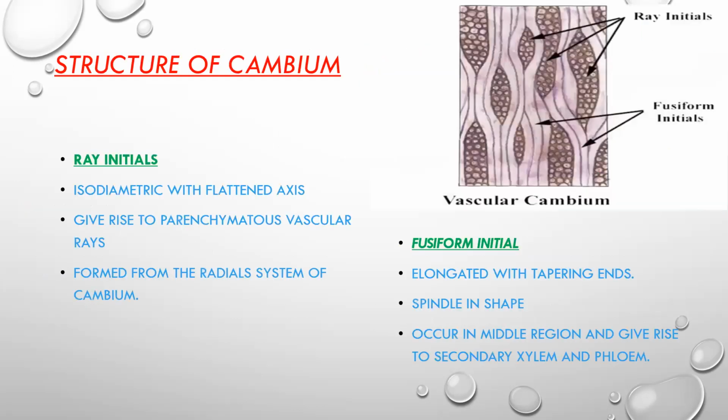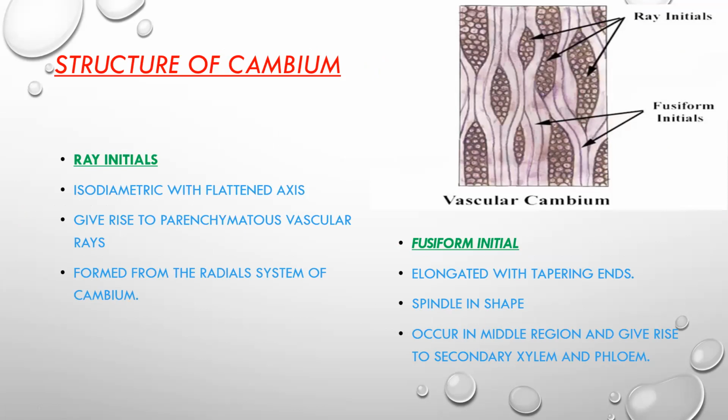So, the structure of the cambium. Here the cambium is made up of two types of initials, that is ray initials and fusiform initials. Ray initials are isodiametric with a flattened axis, and they give rise to parenchymatous vascular rays, which are formed from the radial system of the cambia.